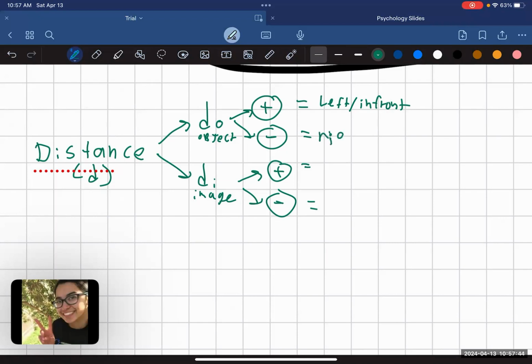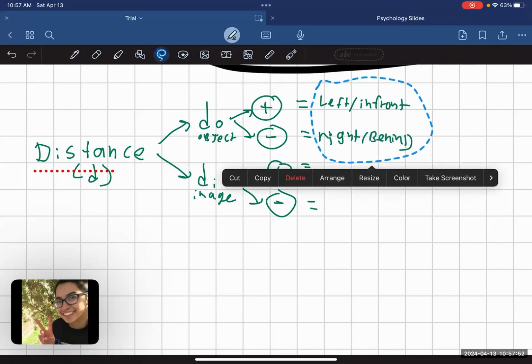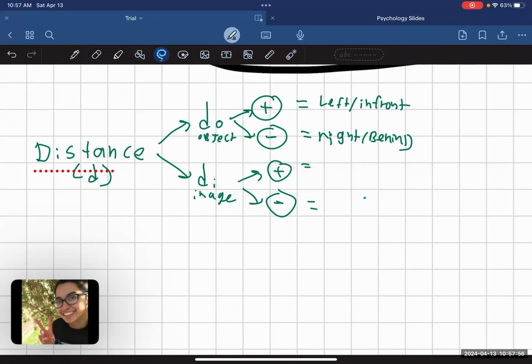And then again, right or behind. And then that's the same thing for the D image. If you have a positive D image, you have it left or in front of the mirror. And if you have it negative, you're gonna have it right or behind the mirror.